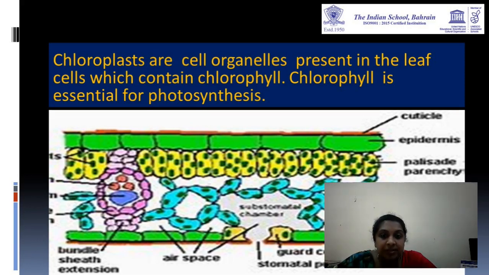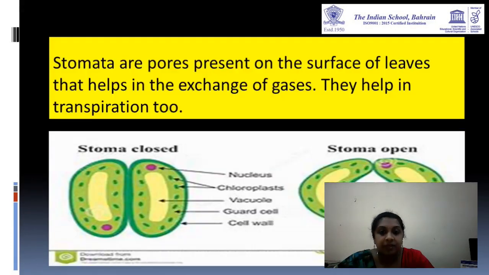Now let's see what stomata are and what the functions of stomata are. Stomata are pores that are present on the surface of leaves. They are also found on the surface of stems and roots too. They help in the exchange of gases. Massive exchange of gases takes place during photosynthesis and respiration. They also help in transpiration.